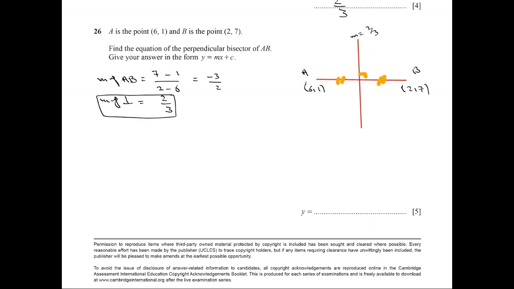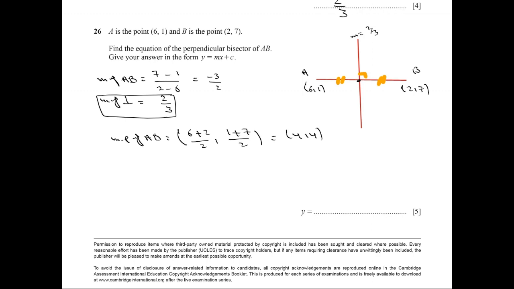To find a point, we have to find the midpoint of AB. Midpoint of AB is equal to 6 plus 2 over 2 and 1 plus 7 over 2, which is 4, 4.